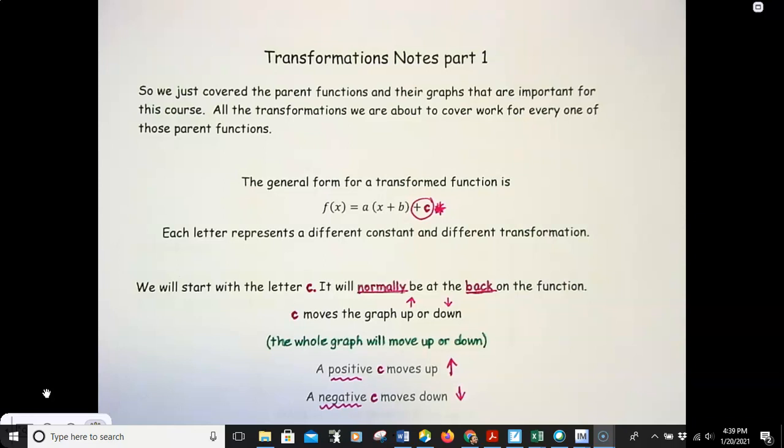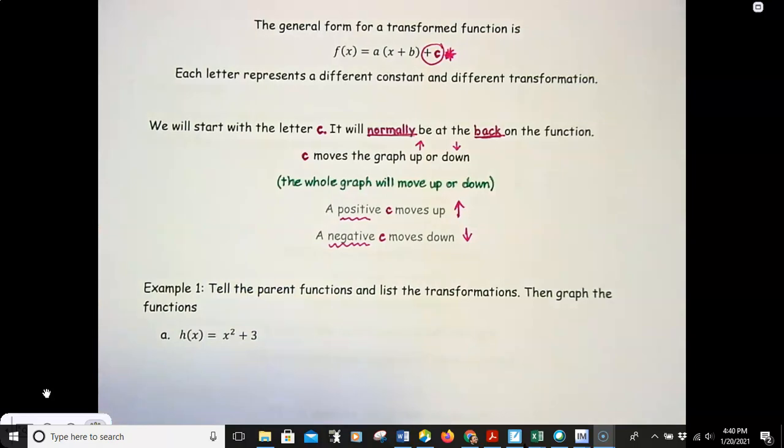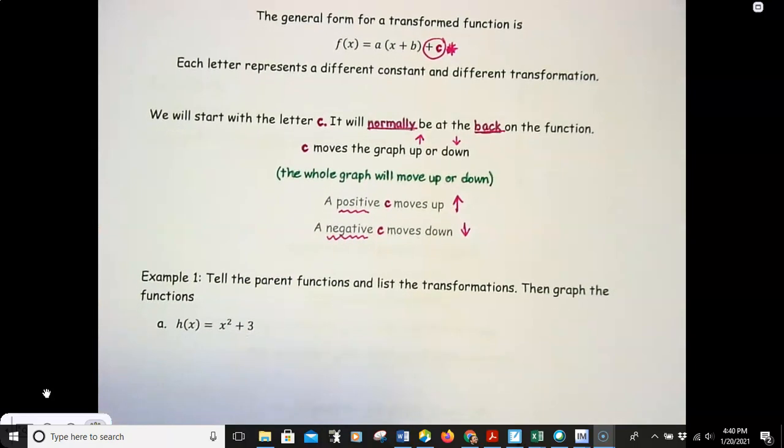Okay, so let's now go into an example where we're not only going to talk about transformations and the parent functions, but also about graphing. For example 1, we're going to name the parent graph, list the transformations, and then graph this function right here. Our function is h of x equals x squared plus 3.